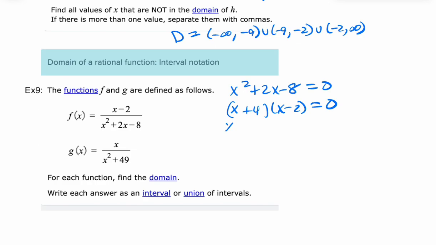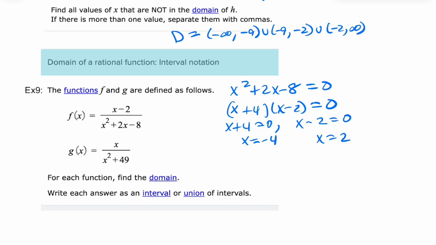So we get excluded values when x plus 4 equals 0 and when x minus 2 equals 0. So it's pretty common to have two excluded values if your denominator is a quadratic. So we get excluded values of -4 and +2.